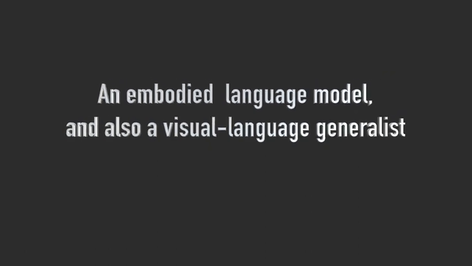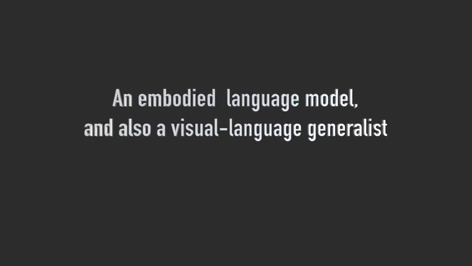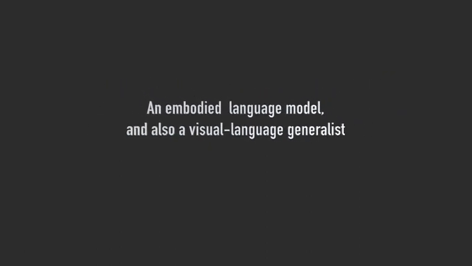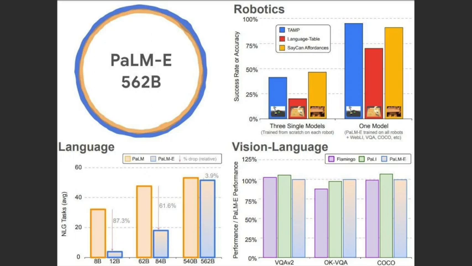An embodied language model and also a visual language generalist. On the one hand, PaLM-E was created as a model for robotics in order to address a range of problems on various robot types and for various modalities, like pictures, robot states, and neural scene representations, among other things.